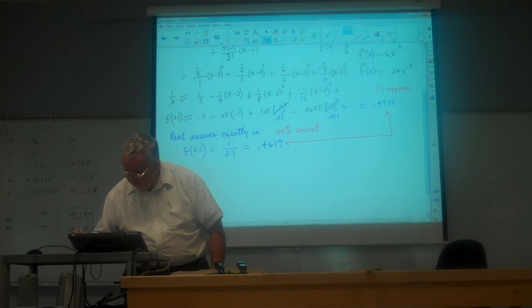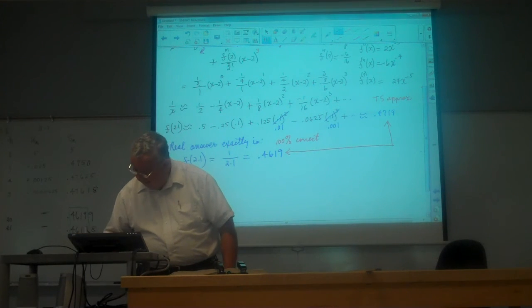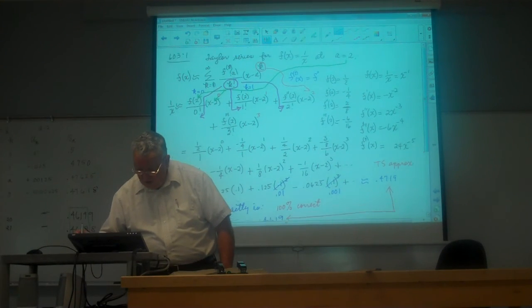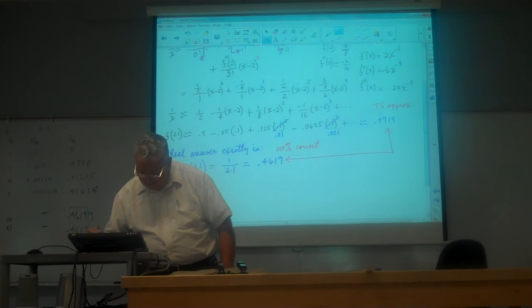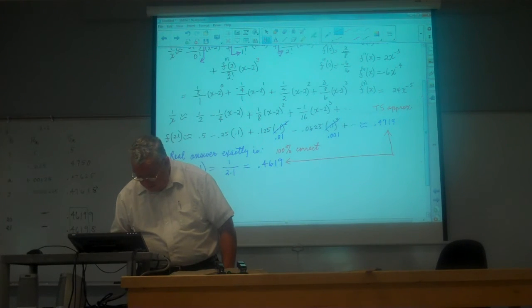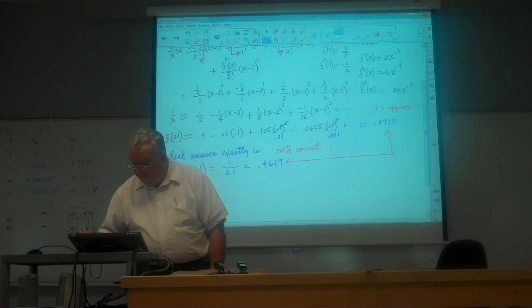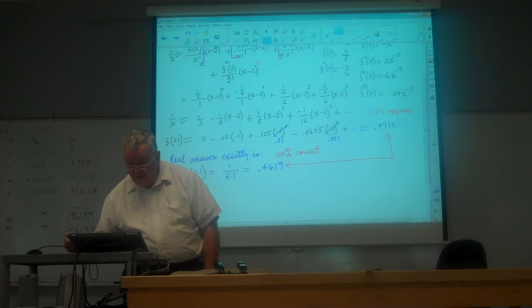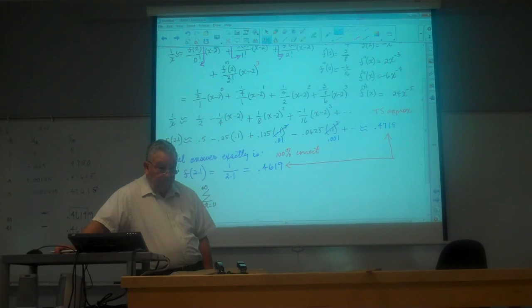Suppose that I wanted to write 1 over x as the sum from k equal 0 to infinity, and write it in sum notation.